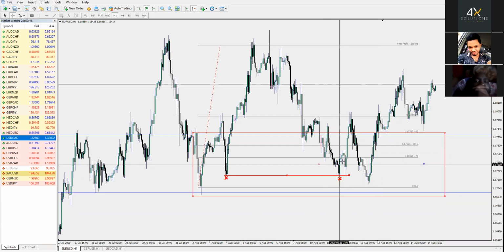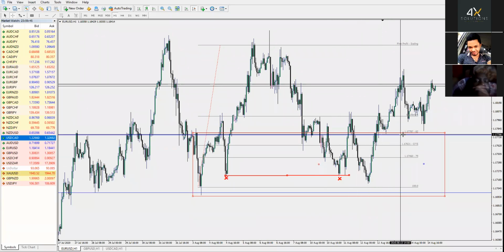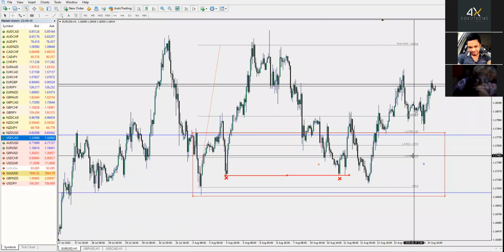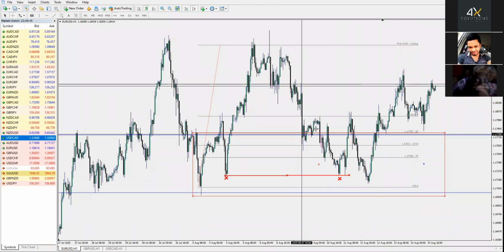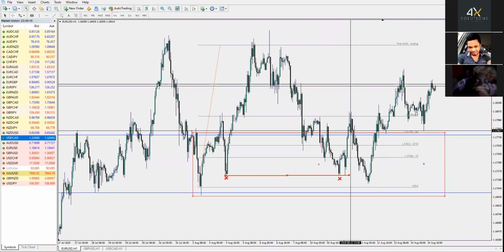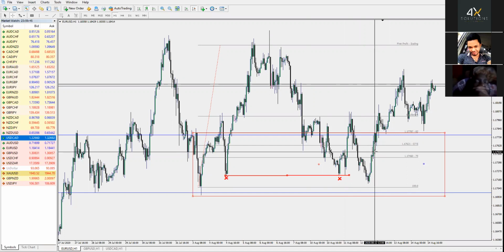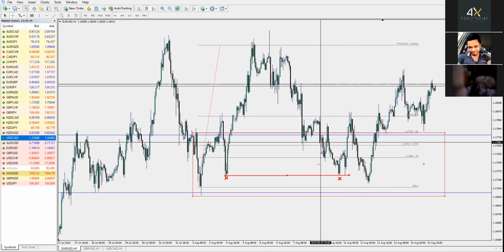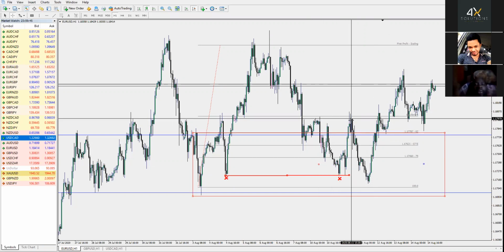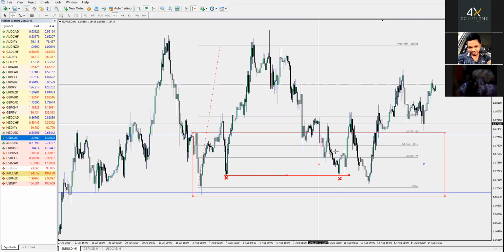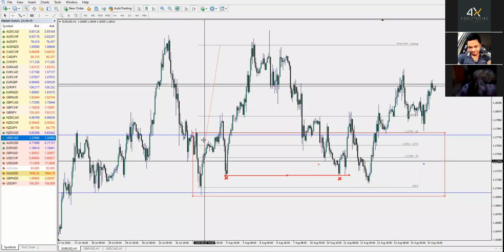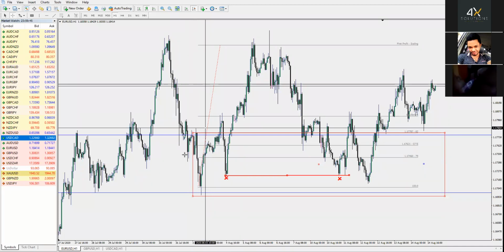It is ranging inside of our sweet spot, our 62%, our 70.5%, and our 79% retracement levels. Now, sure, price is closing outside of these sweet spot zones, but generally speaking, price is accumulating inside of the zone. So what happens here? They accumulate price in this zone over here, inside of this daily bullish order block, inside of this 4-hour bullish order block sitting over here.